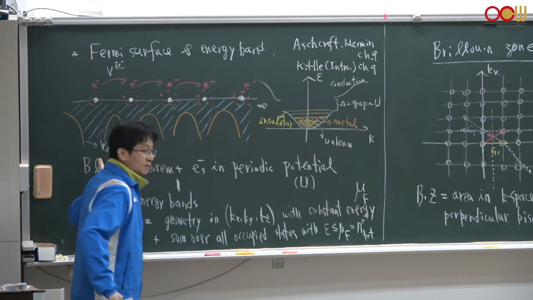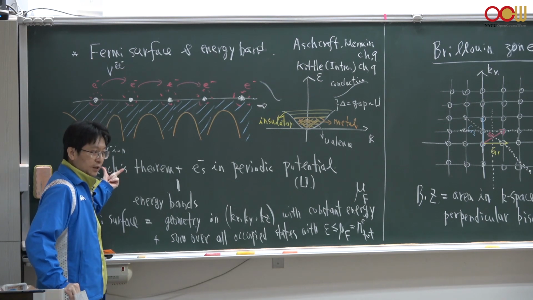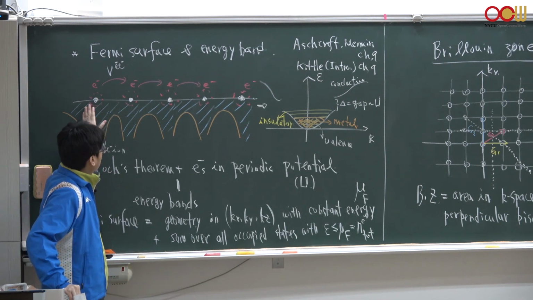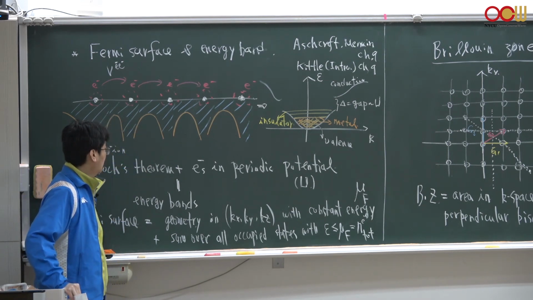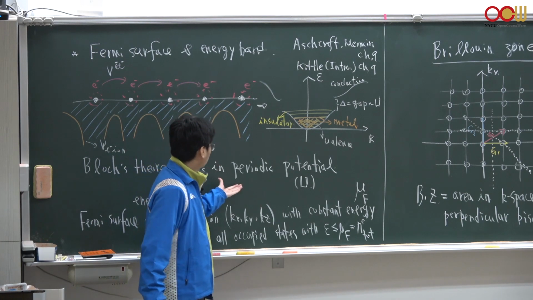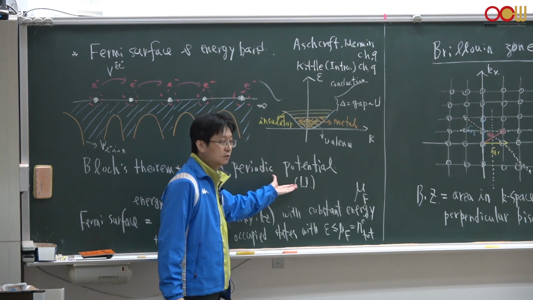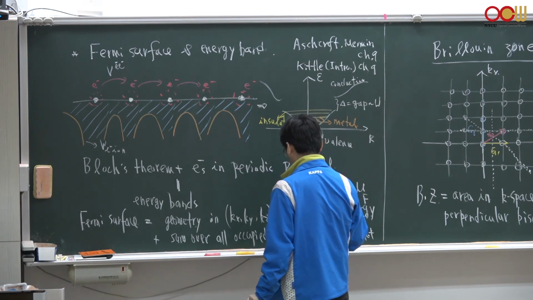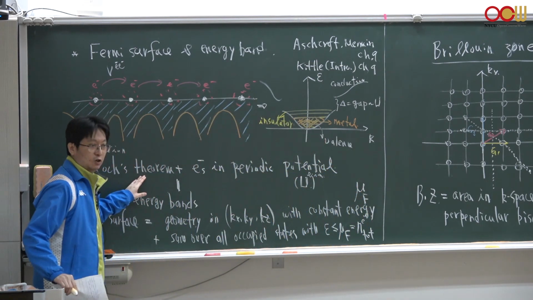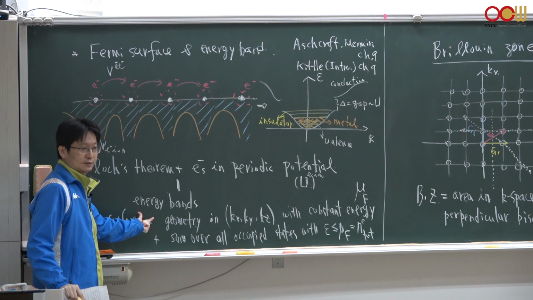The underlying physics here is twofold. Number one is a very important theorem in solid state called the Bloch theorem. Because we have a periodic structure of electrons and ions and also those potentials, for electrons sitting in a periodic array and influenced by a periodic potential, say U, which is between electrons and ions, for example, this automatically, by the Schrödinger equation or by quantum mechanics, will lead to the energy bands.